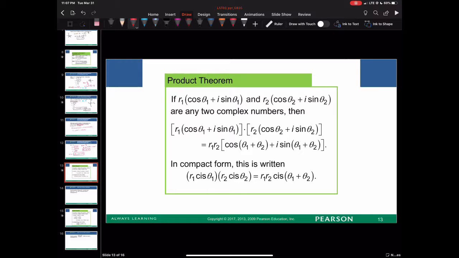So remember, it's the same concept, but it's a more concise form. So you're adding the two thetas together. So take a minute and write this. Then we will go through an actual problem to show you how this actually works out.